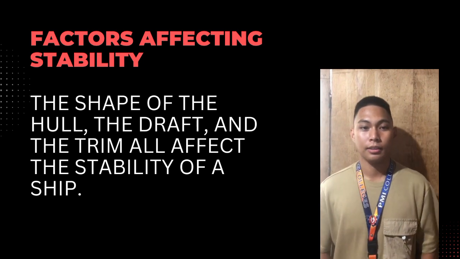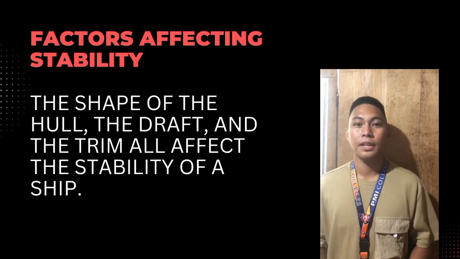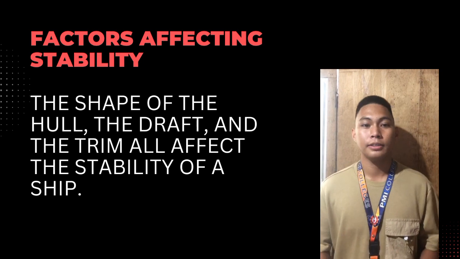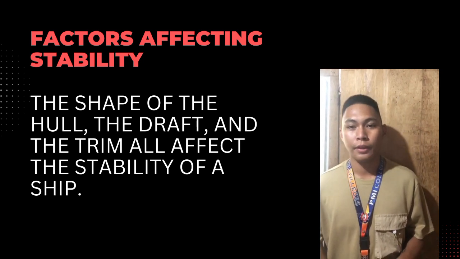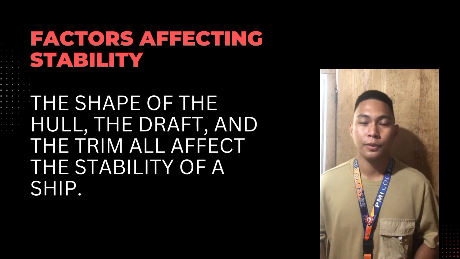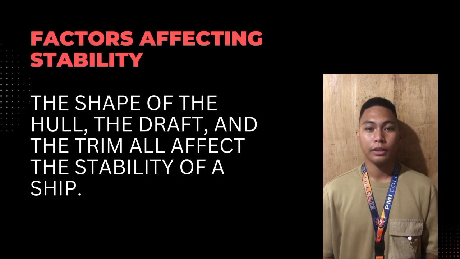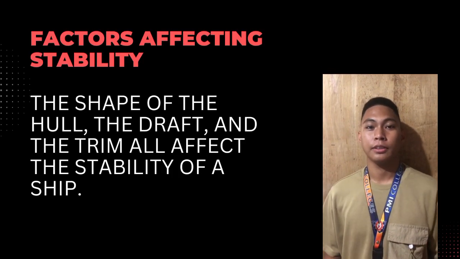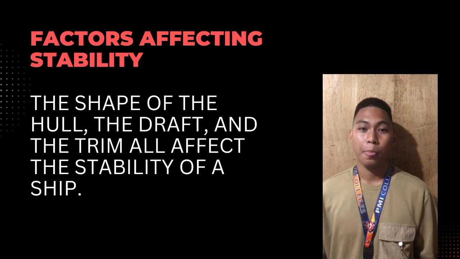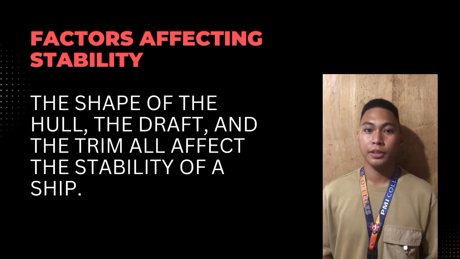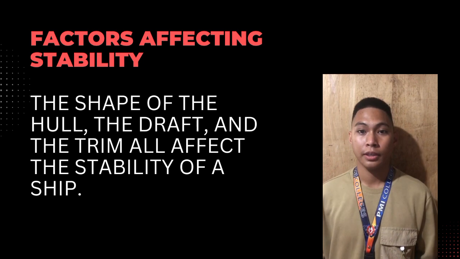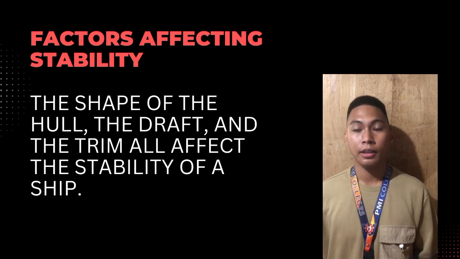Next are the factors affecting stability. The shape of the hull, the draft, and the trim all affect the stability of a ship. The key factors affecting stability are, first, hull shape. The design of the hull determines how water is displaced and how the center of buoyancy shifts when tilted.